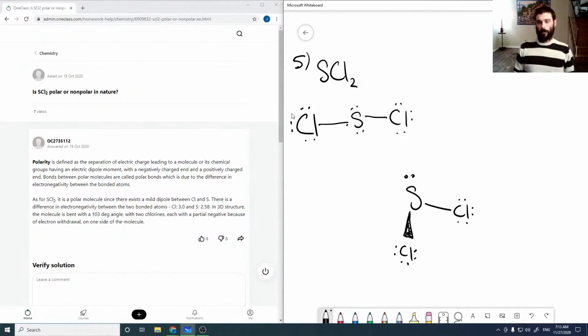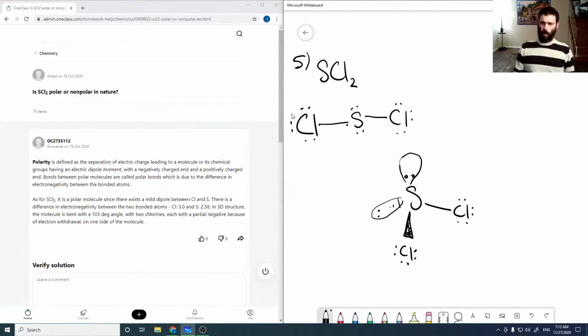And it's going to want to keep the lone pairs on chlorine as far away from its own lone pairs. And so this lone pair is going to be going back into the page.